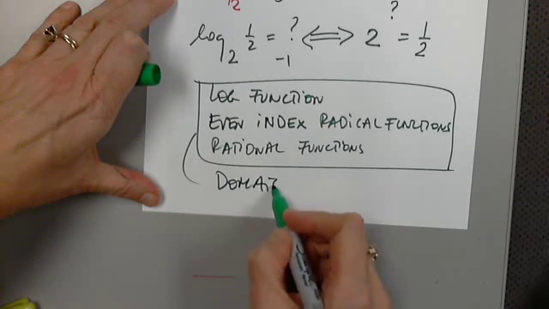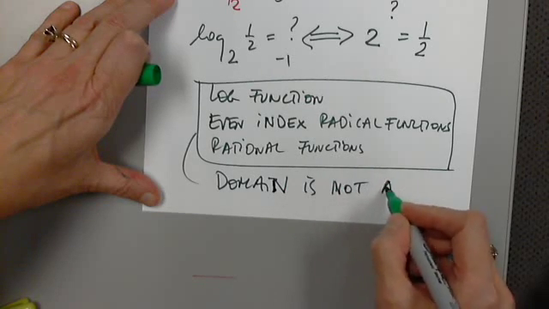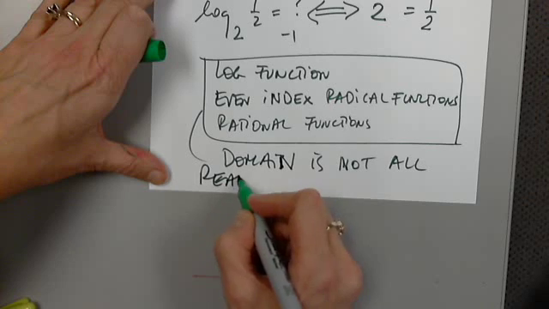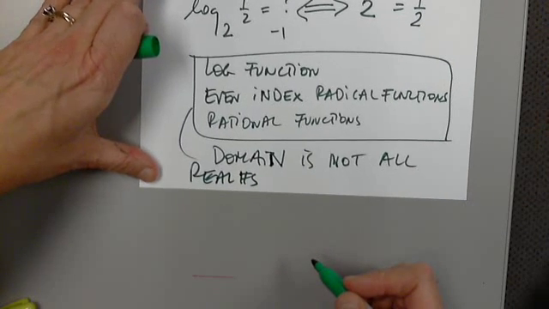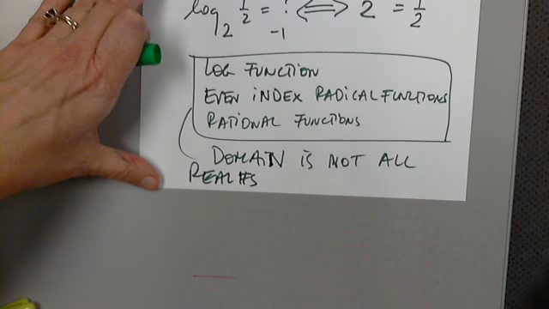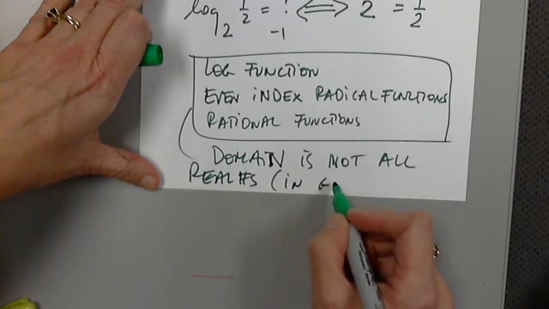Domain is not all real numbers in general. I wouldn't say for all of them, because there are situations in which it can happen. So I'm going to say in general.